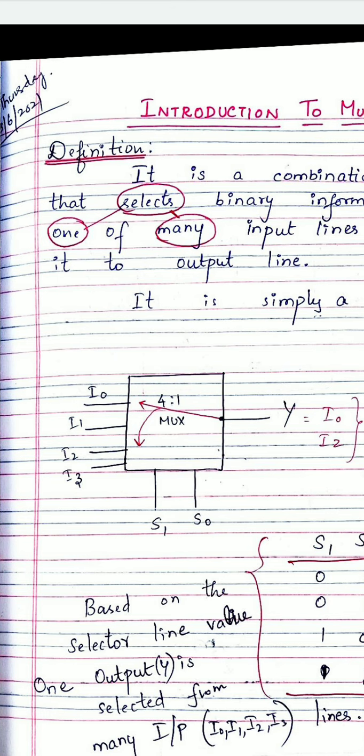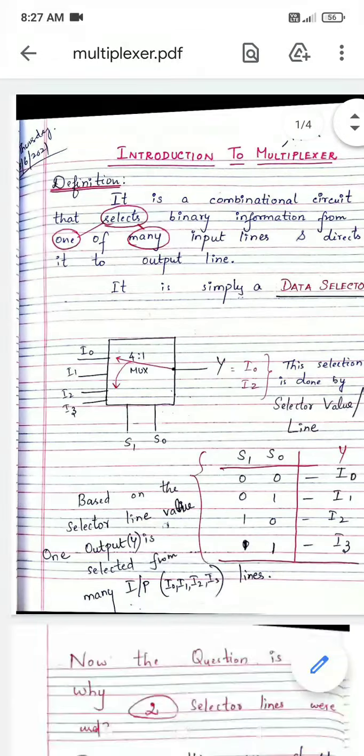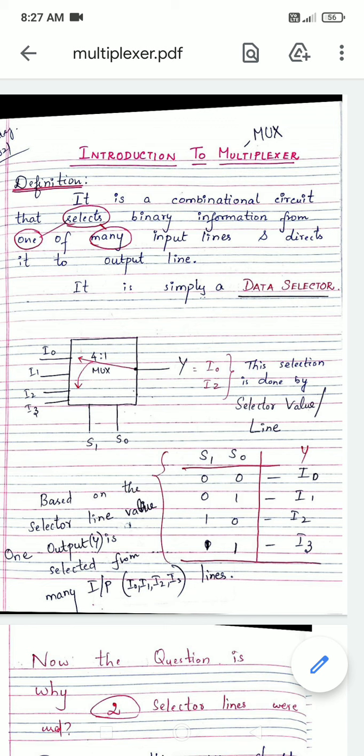Now, coming to the definition. Multiplexer is a combinational circuit that selects binary information from one of many input lines. That is, it will always give you only one output line from the combination of many input lines.